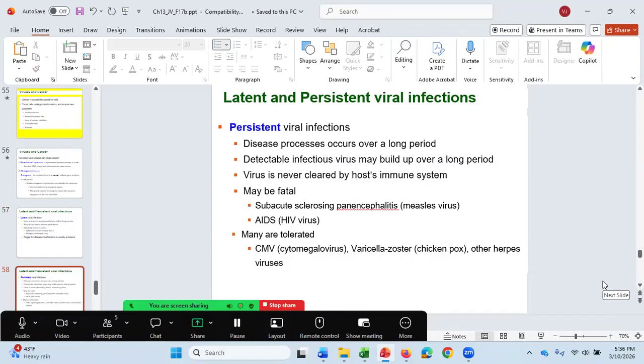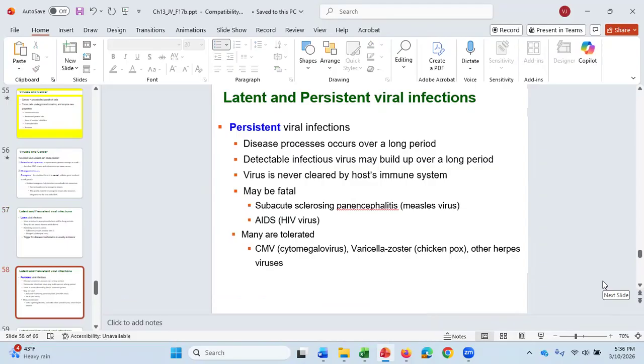All right. There is also another life cycle of viruses, and this is the persistent viral infection. In the persistent viral infection, the virus replicates at low numbers, usually for long periods of time, but that's not terribly important for now.